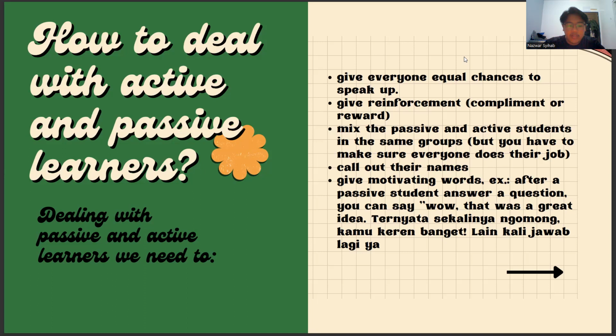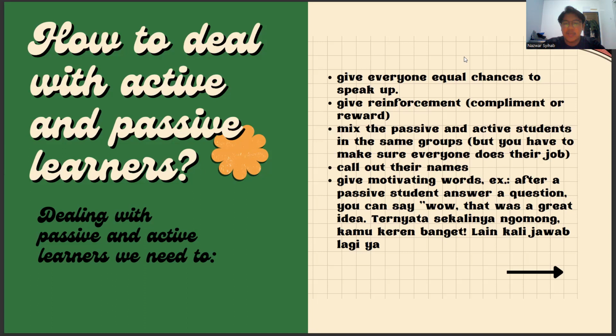So it could be motivating the passive learner to speak in the class, not just the active learner, so that the active learner is more motivated in the class, while the passive learner is motivated to speak in the class.